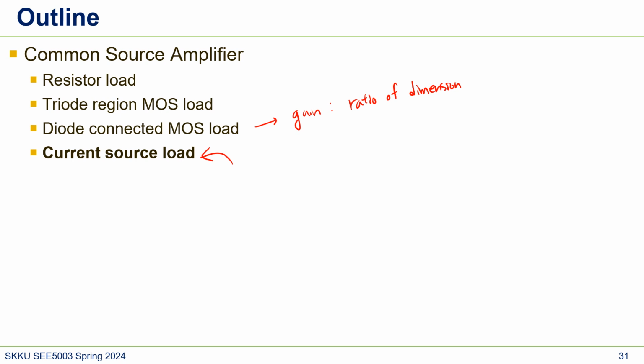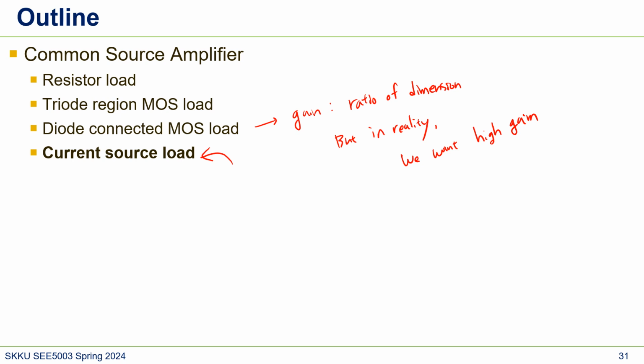But in reality, usually what we want is high gain. The important part is we want very high gain, and then we'll use some feedback so we can get accurate operation.